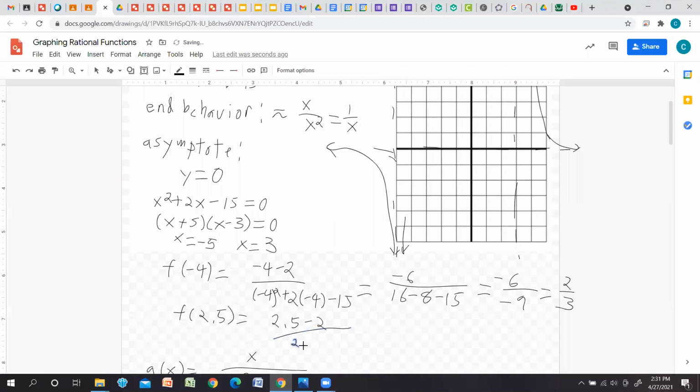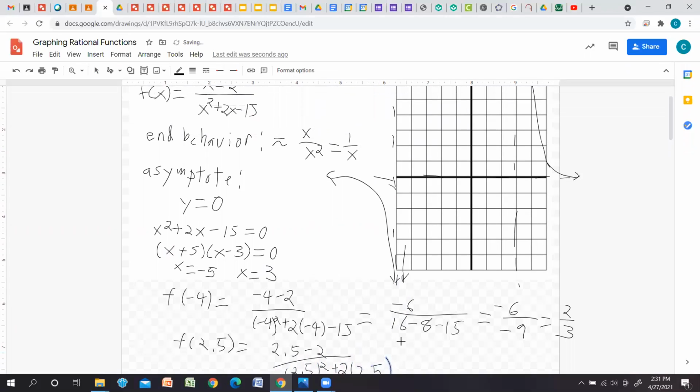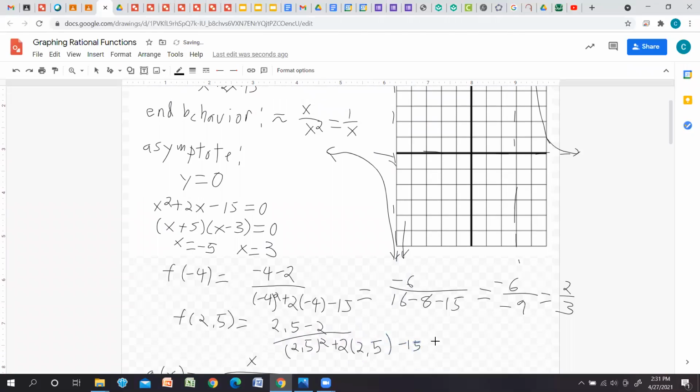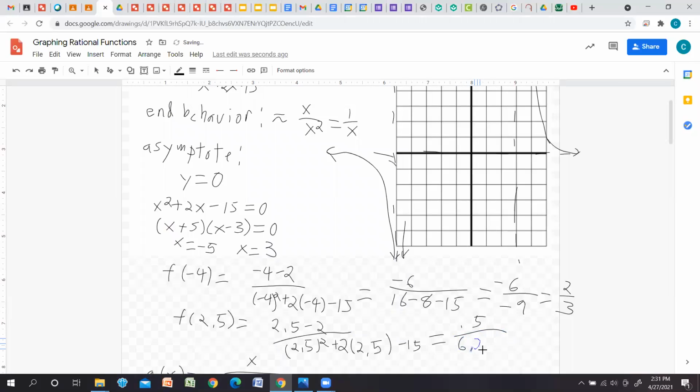We've got 2.5 squared plus 2 times 2.5 minus 15. The numerator is 0.5. What's 2.5 squared? I think that's 6.25, plus 5, minus 15.